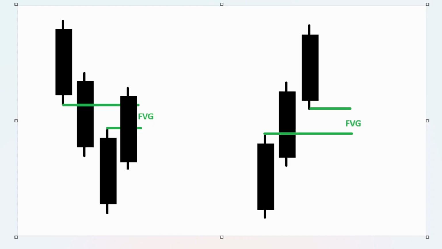So basically the way I use fair value gaps is I can use them as support levels, I can use them as resistance levels, I can use them as continuation, I can use them as reversal patterns.